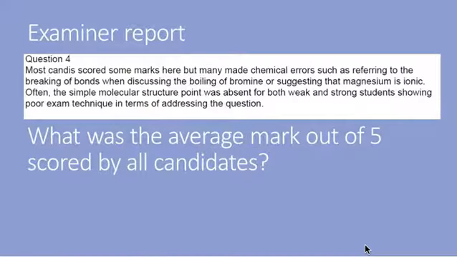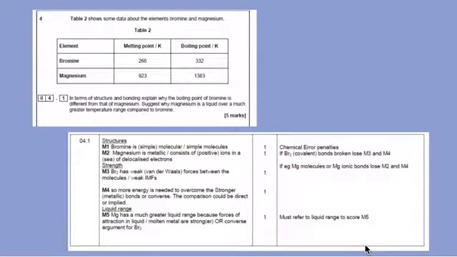So I'm going to finish with one last question for you. This was the report by the examiner. Just to go back a second: if there was a reference to breaking of covalent bonds in bromine, that lost Mark 3 and Mark 4. If there was a reference to the wrong type of bonding in magnesium, molecules or ionic, that lost Marks 2 and 4.